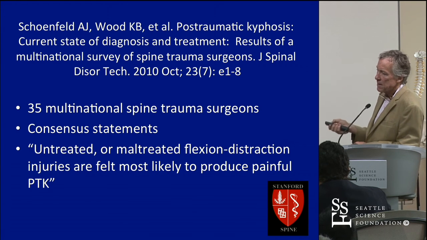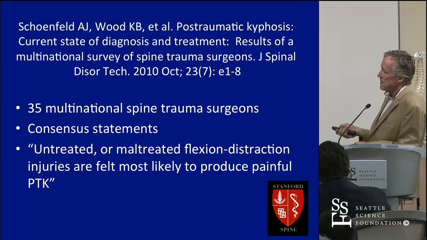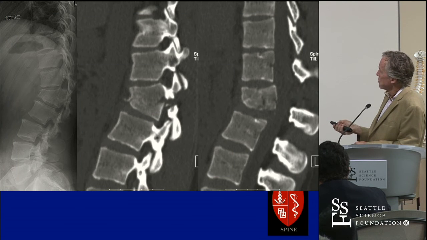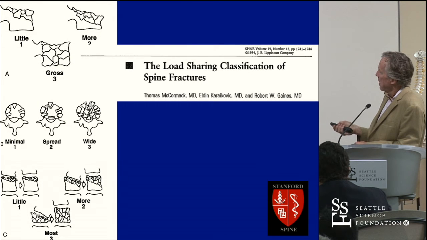And that's why getting MRIs, and especially doing the exam, can be so important. Those are the ones most likely to produce painful post-traumatic kyphosis. And the load-sharing classification system of McCormick and Gaines, which was introduced over 20 years ago, was also very important to keep in the back of your mind.